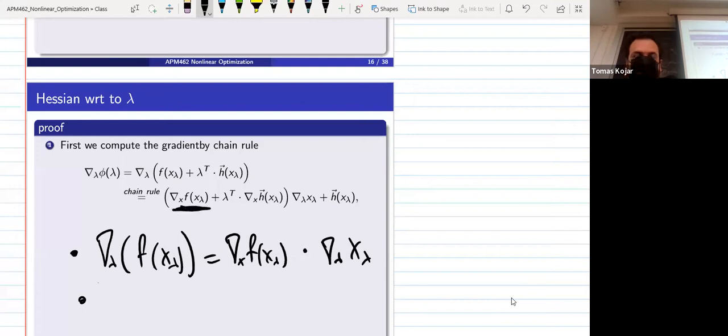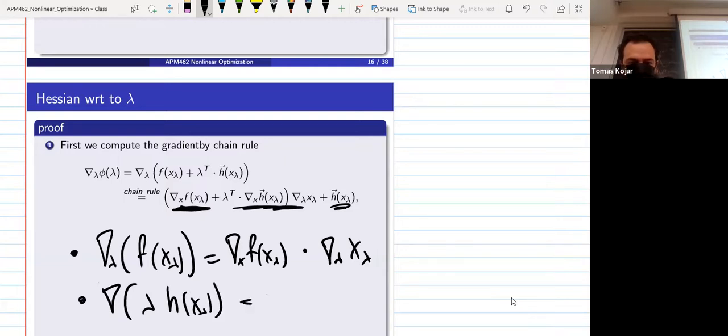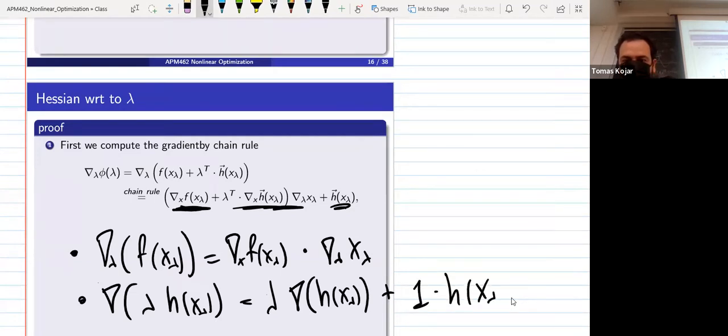That's how I got this term. That's how I got the second term. And then the last term, I did the product rule. So I did lambda times h. So I get lambda times the gradient of h plus 1 times x of lambda. So that's how I got the constant term.